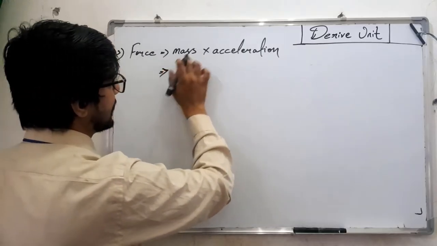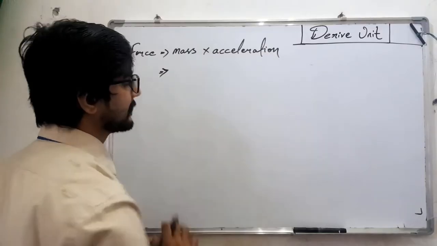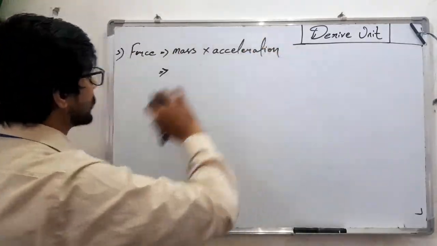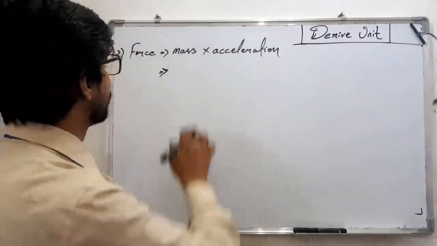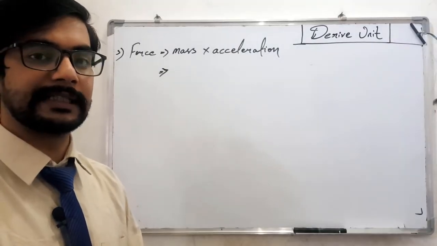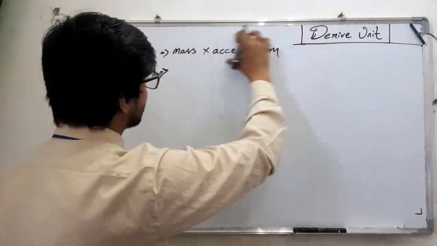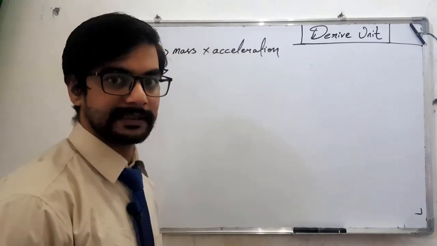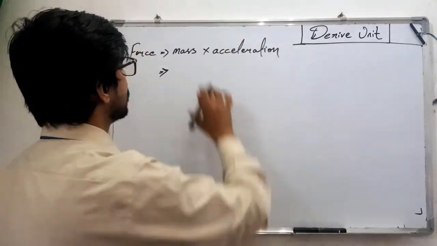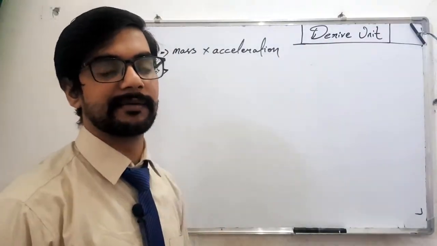Now, mass is in fundamental terms, but acceleration is not in fundamental terms. So our main work now is to convert all these terms into fundamental quantities. Unless and until you get the fundamental terms here, you cannot get the fundamental unit. You can use any formula, but you have to change all the terms into fundamental quantities so that you will get the fundamental unit.